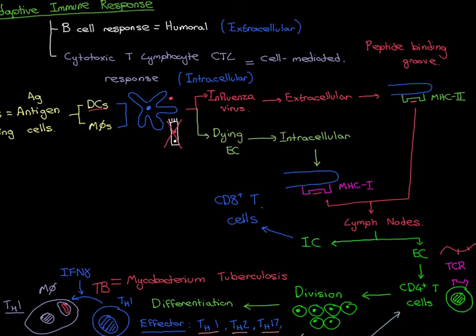And that peptide fragment will not be a peptide fragment that appears in any self-proteins, or at least in principle it should not be a peptide fragment that appears in any self-proteins. It will be a peptide fragment that appears exclusively in pathogen proteins.